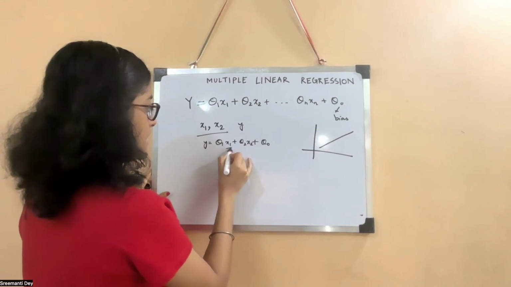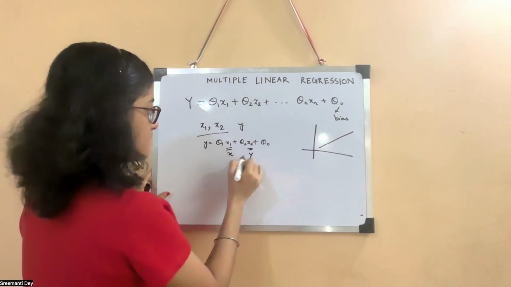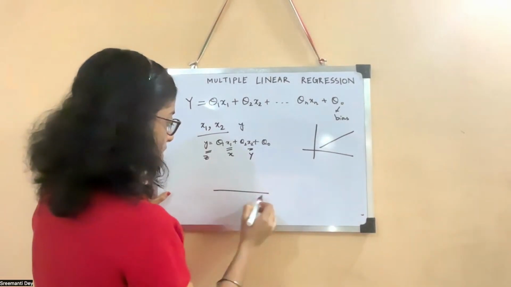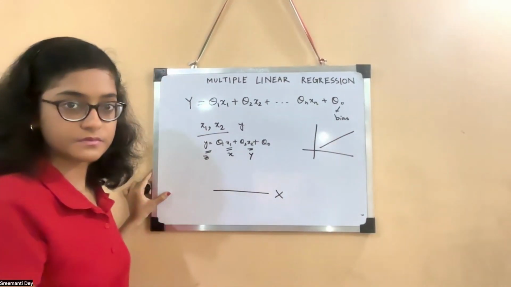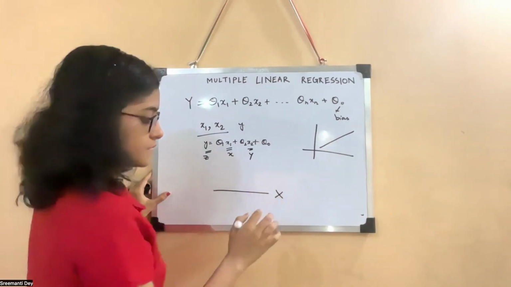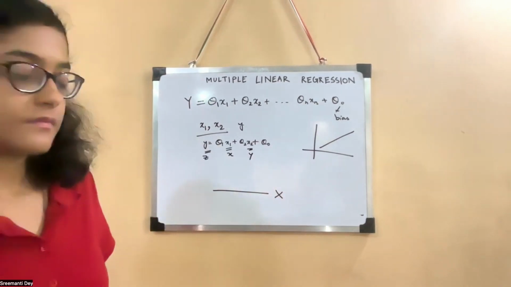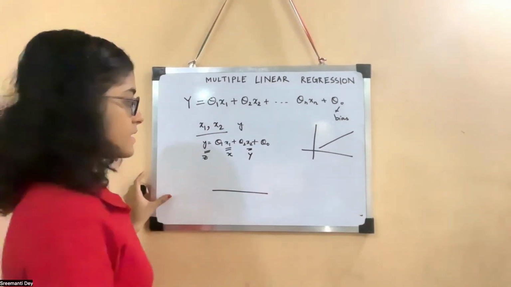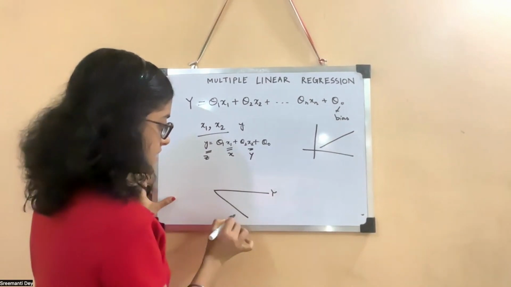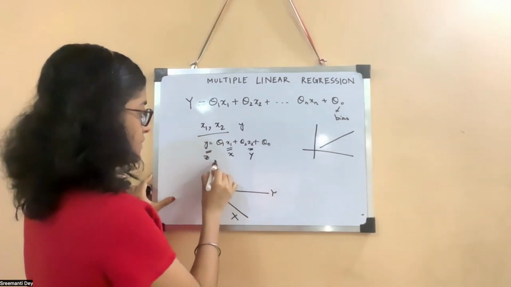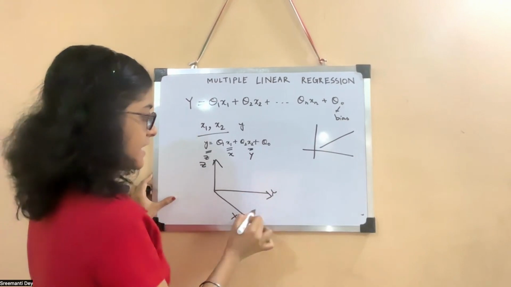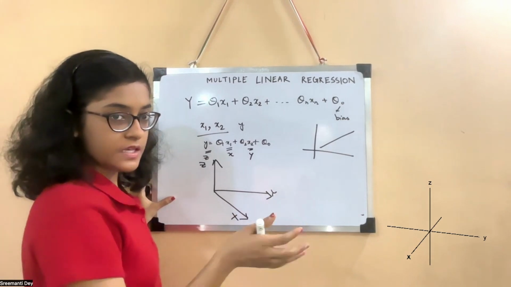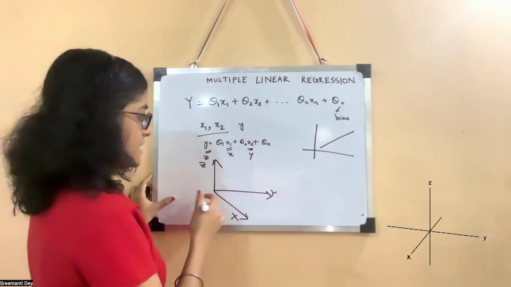Now let's denote this as x, this as y, and this as z according to the axes. Suppose this is y, this is x, and x cross y would be z, as we know from the cross product formula.